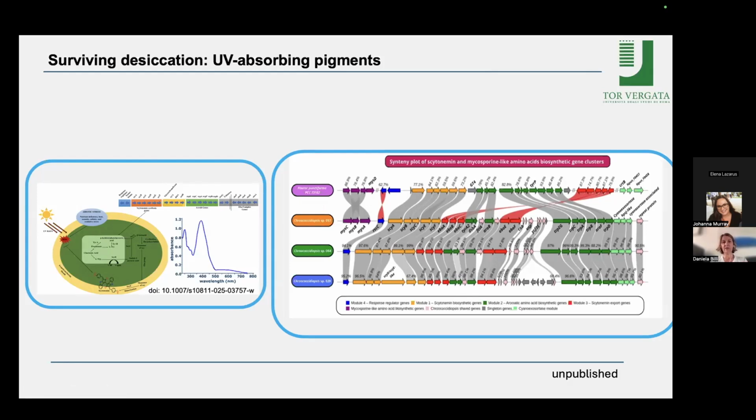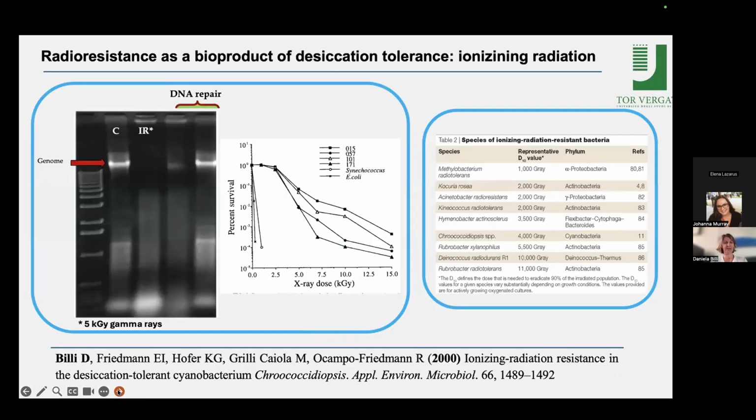This is very important because if you are exposed to high radiation and you are also dried, this pigment provides the cyanobacteria with a passive protection. This is another plus in surviving extreme conditions, and also a plus to survive non-Earth conditions. That is where I'm going to lead you in a few minutes.